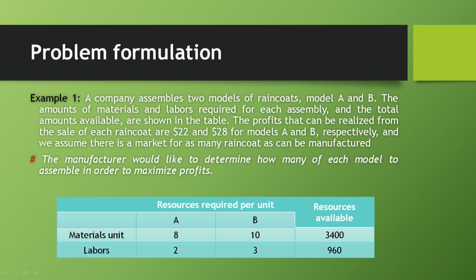The profits that can be realized from the sale of each raincoat are $22 and $28 for models A and B respectively, and we assume there is a market for as many raincoats as can be manufactured. The manufacturer would like to determine how many of each model to assemble in order to maximize the profit.